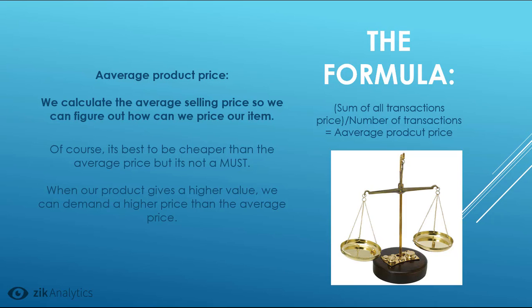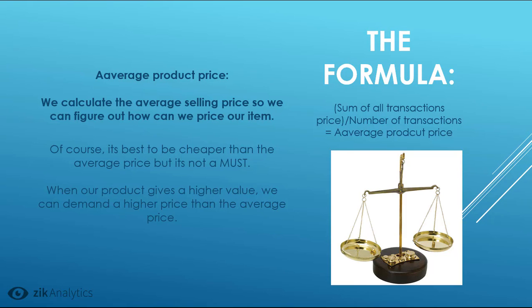In the last month, the revenue of all the transactions is 100, and you had only 10 transactions, just for the sake of an example. So you have 100 divided by 10, and the result is $10. So $10 is the average price. Basically it's higher numbers than that usually, but just for an example, so it'd be easier to calculate.